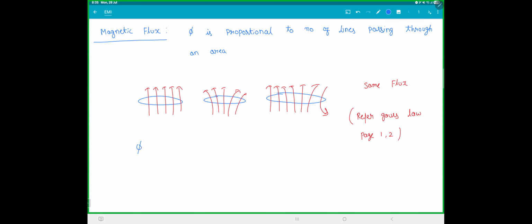So here the magnetic flux is given by integral B dot dA. If B bar is constant, it comes out of the integral. Then your flux becomes B bar dot A bar, which is BA cos theta.